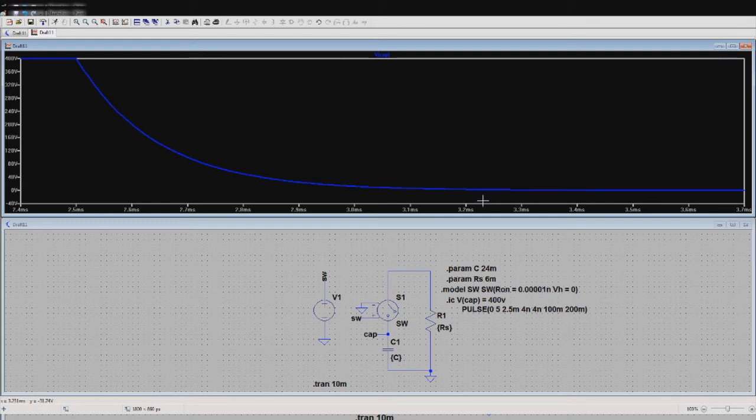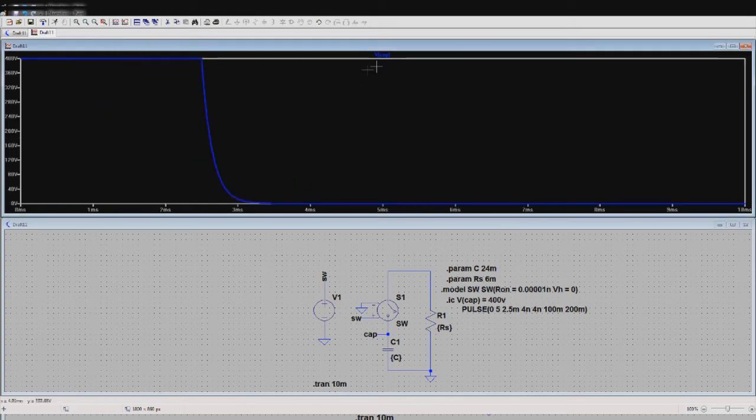We said 4.3, 0.43 milliseconds. Let's see if I'm at least a little bit right, because it can be very different in a spice model.